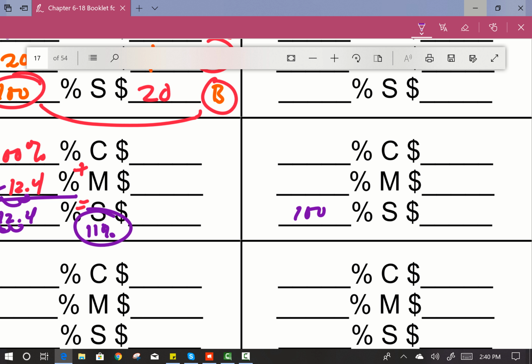And so I'm going to subtract the markup from the selling price to give me the cost, which is 87%. And now I'm going to take my original of 13%.